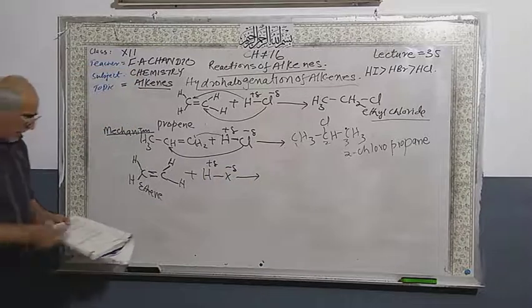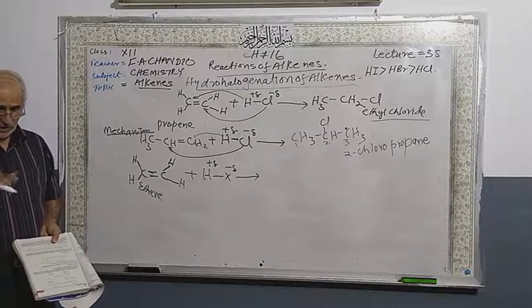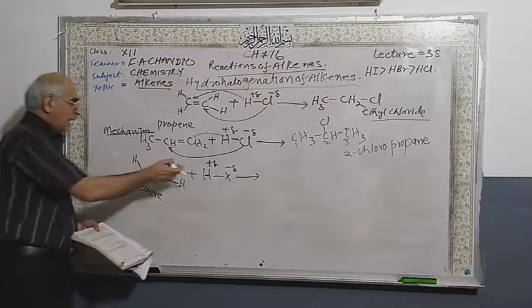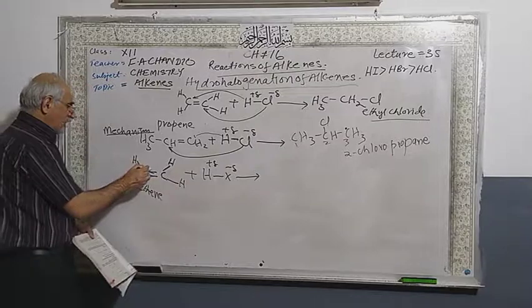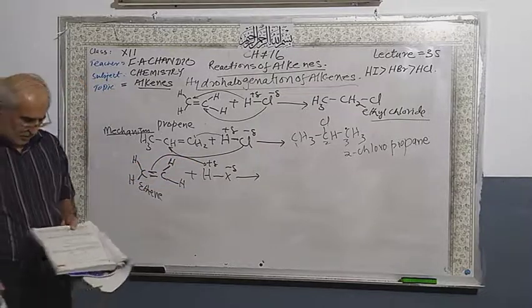First, these are the pi electrons; they are nucleophilic, rich in electrons. And this hydrogen is the electrophile. So these pi electrons become the nucleophile and attach to the hydrogen.